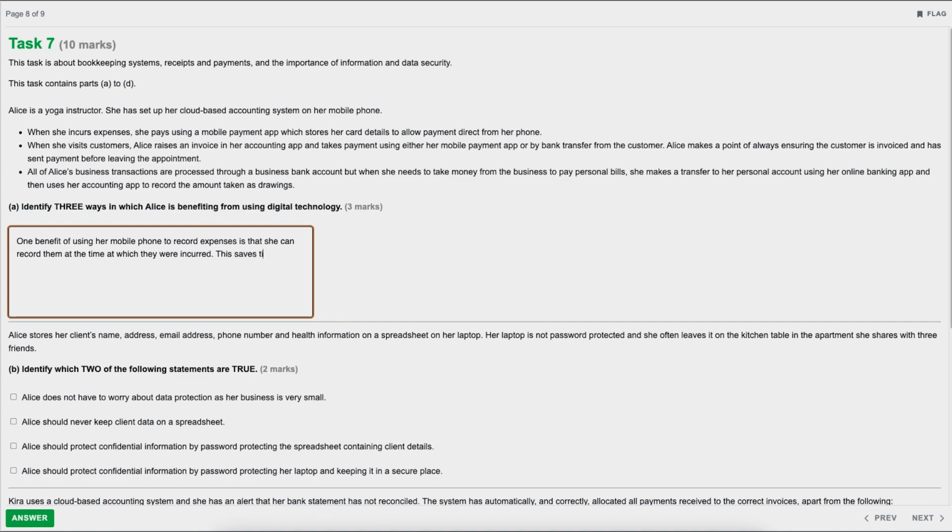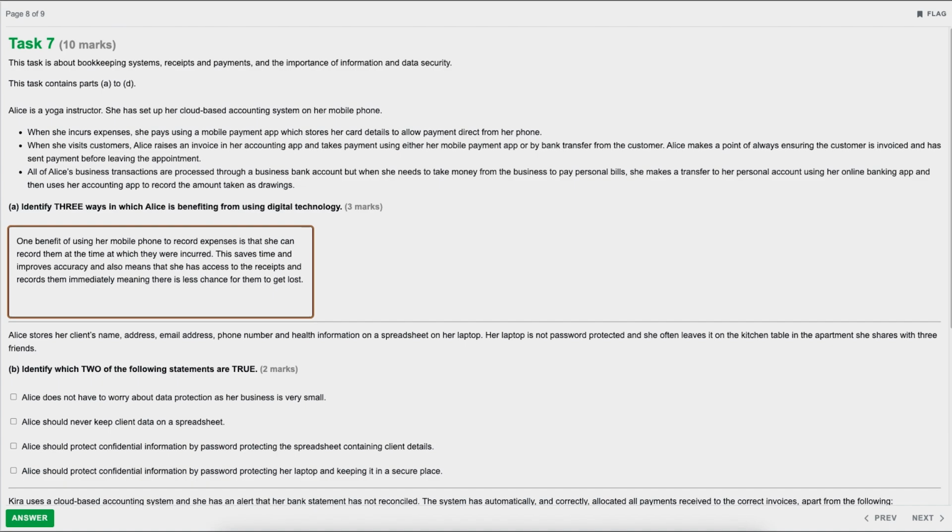This saves time and improves accuracy and also means that she has access to the receipts, records them immediately, meaning there is less chance for them to get lost.